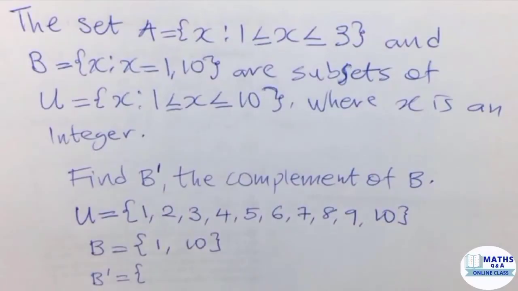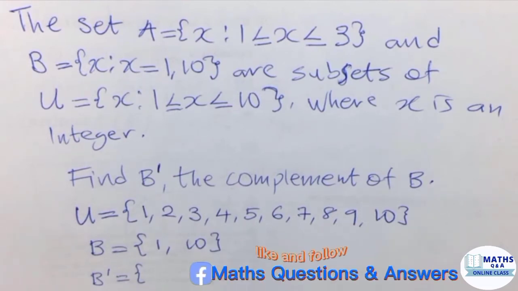The complement of every set means that we're comparing the set itself to the universal set, and the elements that are in the universal set but not in the set itself will form the complement. So let's go ahead and compare.